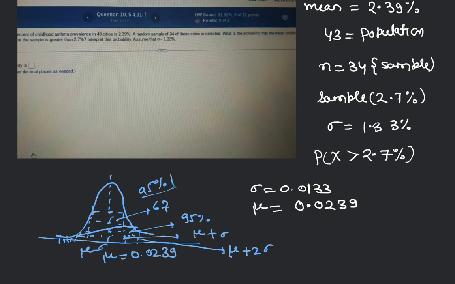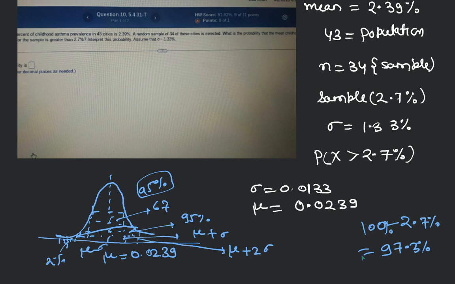So for greater than 2.7%, I just subtract 100% minus 2.7%, and what am I getting here? 97.3%, right?